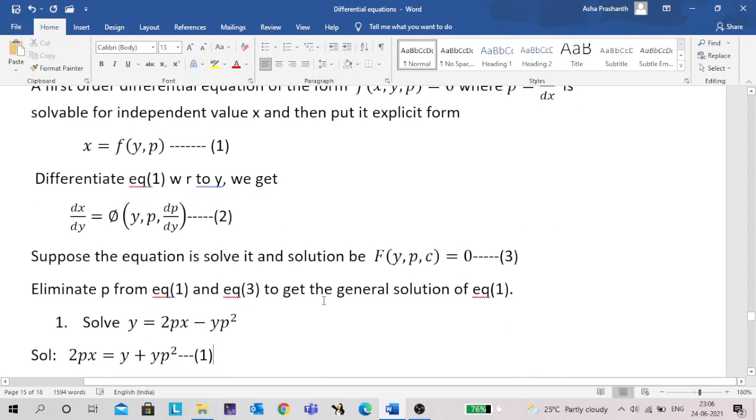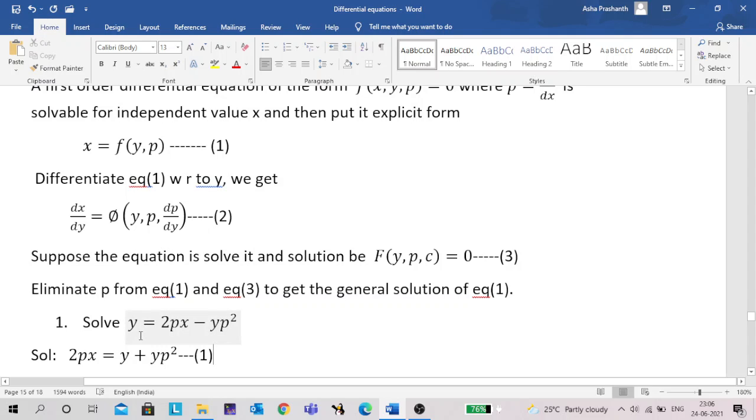I have taken y is equal to 2px minus yp square. What is the first condition? We have to separate the x term. So in this equation I keep 2px as it is, and take yp square to this side.